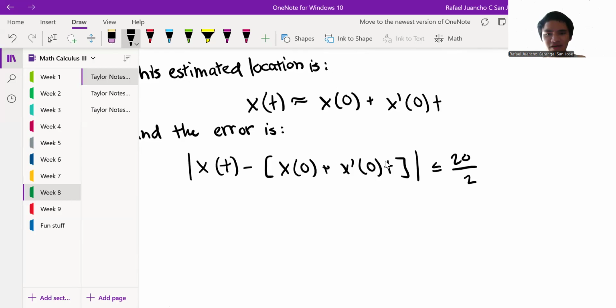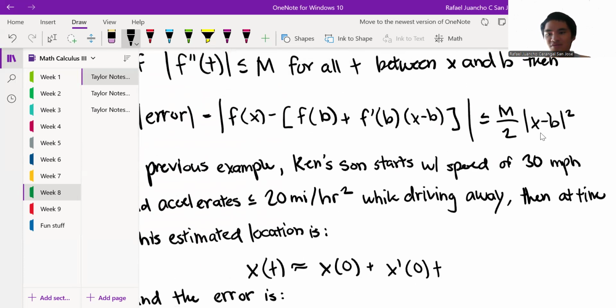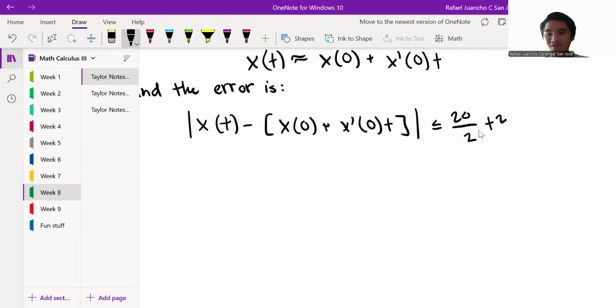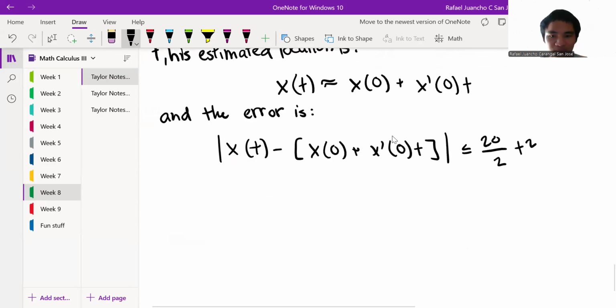So what is x minus b squared? t minus 0 squared, t squared, right? I hope I got that right. x and b, so it's t minus 0 squared. So that's just t squared. Cool. Okay. So that's the formula.